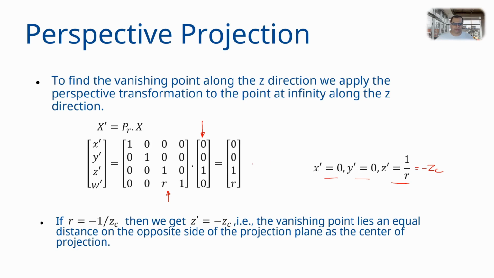So if this is the z-axis, and zc is your camera center, then the vanishing point lies at minus zc. So all lines which are parallel to the z-axis will, in the image, appear to converge there.